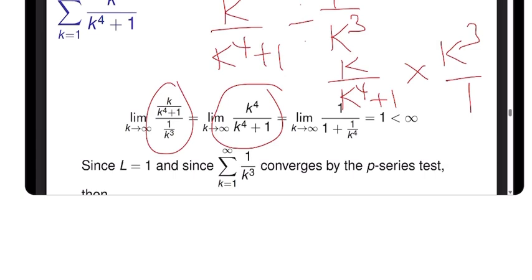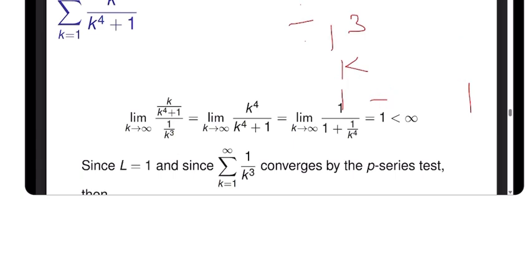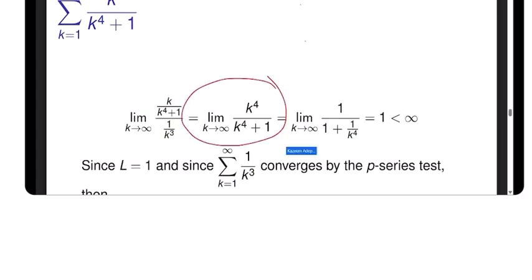Now pay attention. I want to find the limit of that sequence. Of course, use the method of last week, finding the limit of a sequence as k tends to infinity. I will divide everything by k raised to the power 4. Does that make sense?